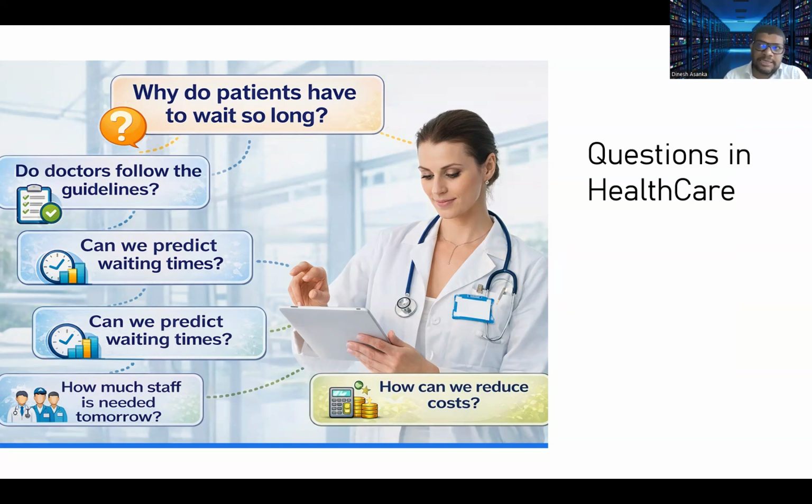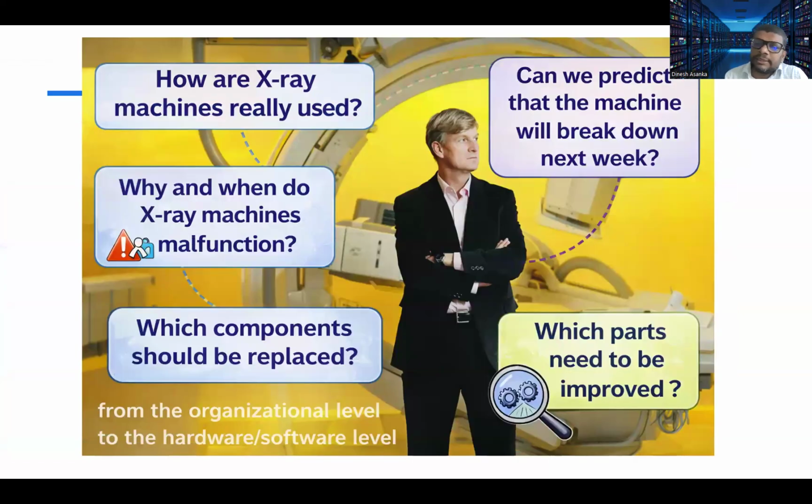What I want to tell you is, in every domain, you can find those four questions. That was healthcare, but you can go into detail. This is for an X-ray machine. In healthcare, for a specific unit, you can do those four types of analytics: descriptive, diagnostic, predictive, and prescriptive.